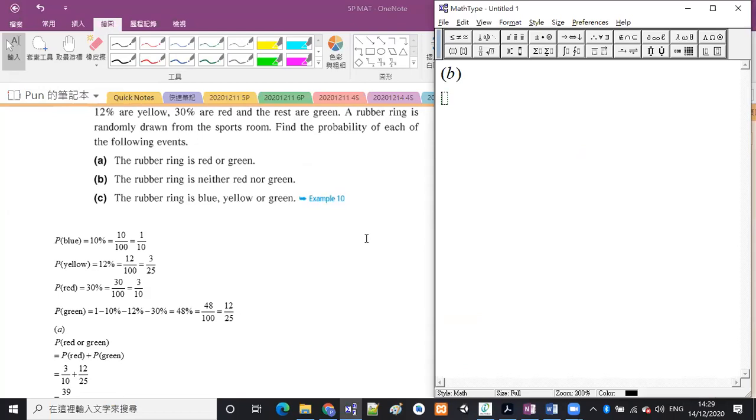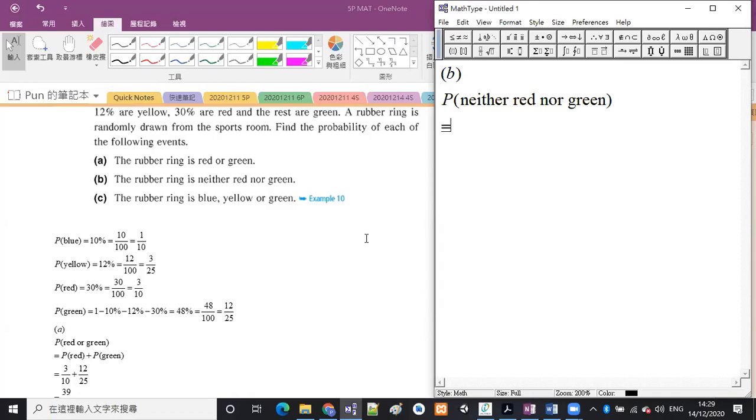Part B. I want to find the probability that it is neither red nor green. Again, it's not red and not green. It means that I want not red and not green.